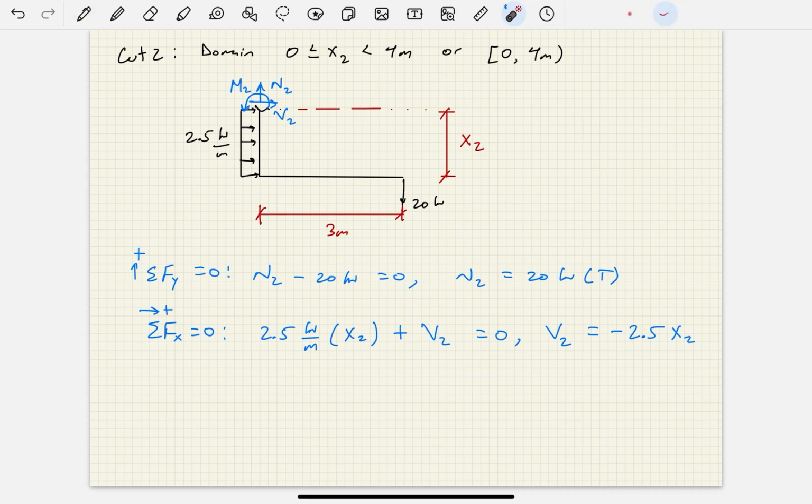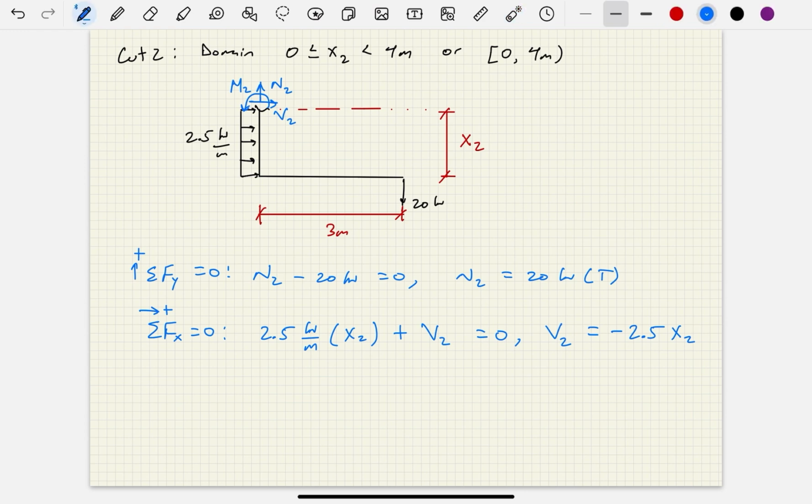And again, this is a linear function. Collectively, this function has units of kilonewtons because the negative 2.5 is carrying units of kilonewtons per meter, and the x2 is a distance, so it's inherently got units of meters.